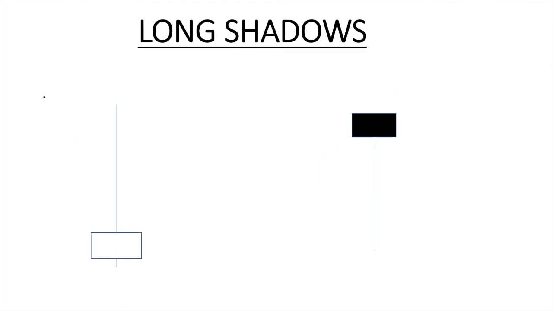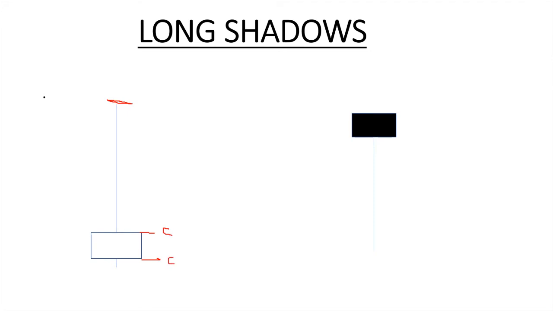Long shadows. We have our long shadow candlestick patterns. The first one is our bullish long candlestick pattern, indicating that after the candle opened at this level, buyers pushed the price upward to this high. When price got to this resistance or high level, sellers pushed it downward, and finally the candlestick closed at this level.